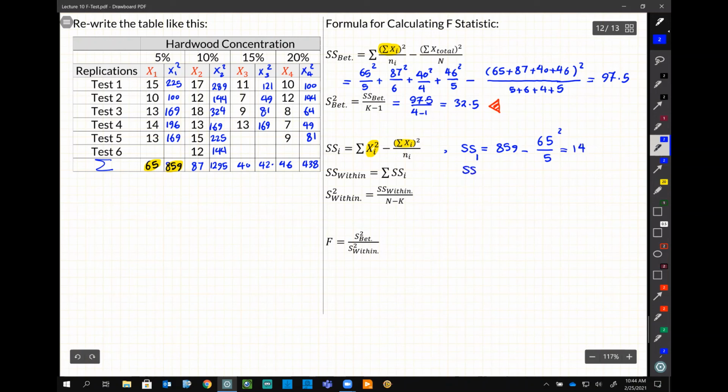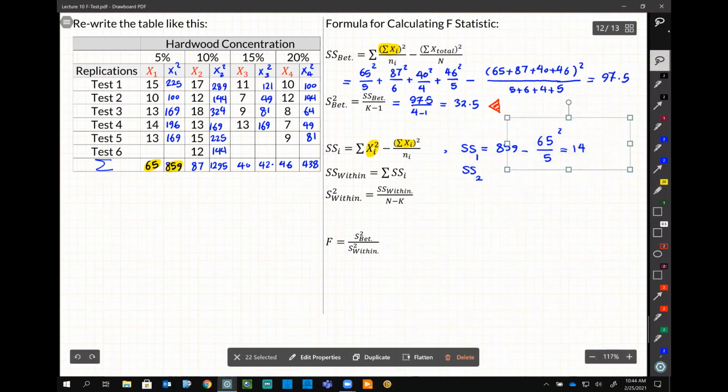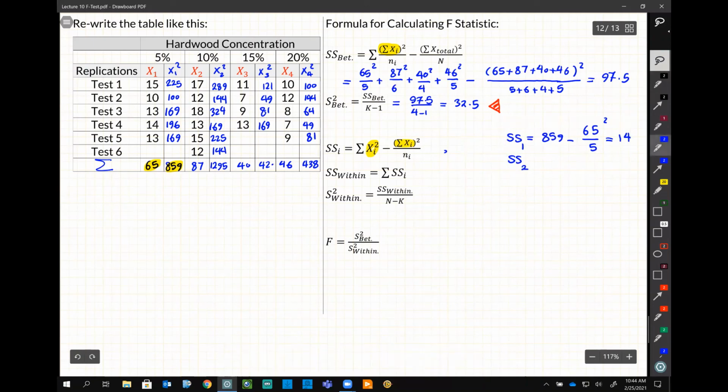We'll do the same for SS2. Let me write them down a little further. Okay, we'll do the same for SS2. I'm going to leave it to you to check my calculation later.